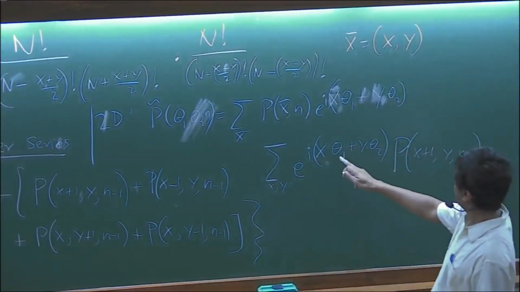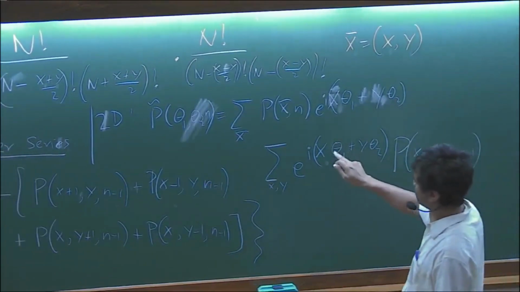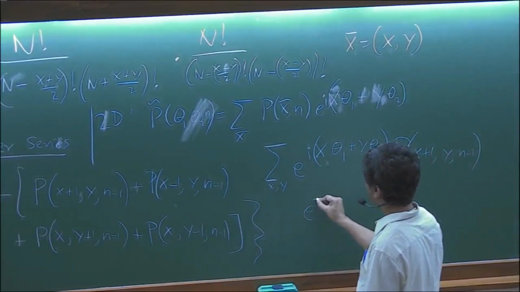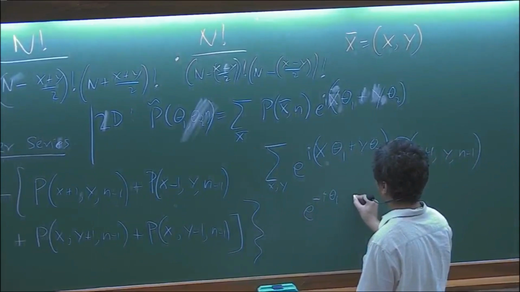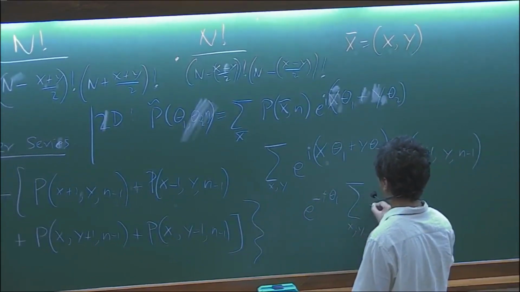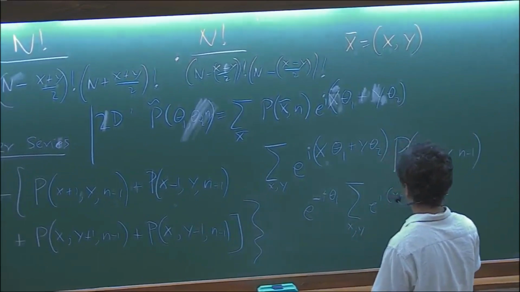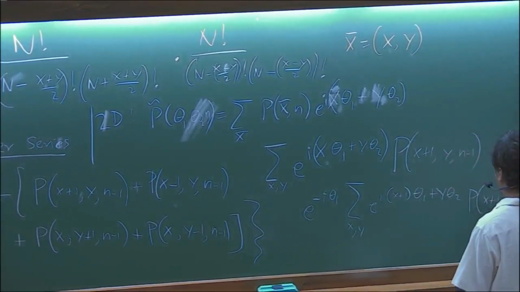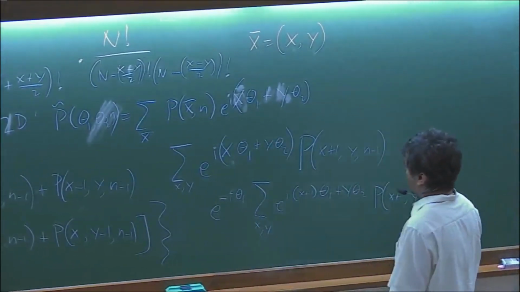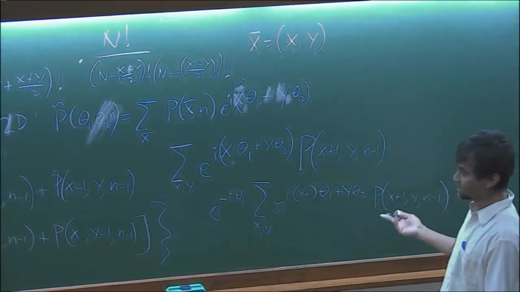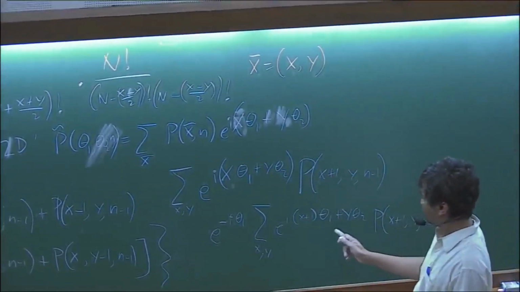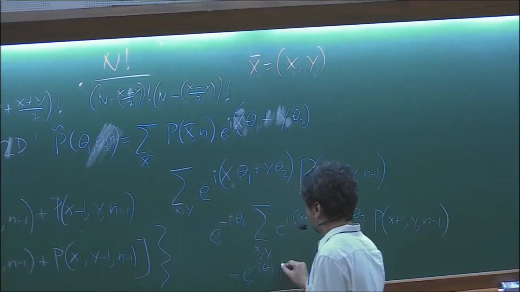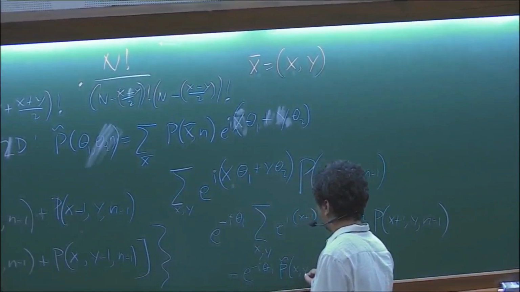Obviously I should make it x plus 1, so I put x plus 1 here and take out a minus theta. This gives e to the power minus i theta 1, and then sum over x, y. Now x plus 1 is a dummy variable, I can just call it x, and so this is just e to the power minus i theta 1 times P tilde.